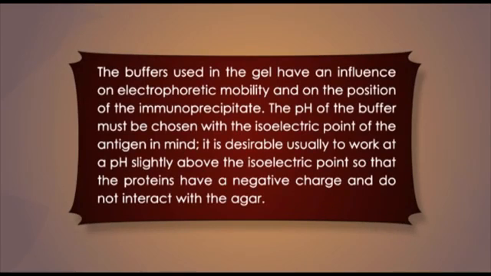The buffer used in the gel has an influence on electrophoretic mobility and on the position of the immunoprecipitate. The pH of the buffer must be chosen with the isoelectric point of the antigen in mind. It is usually desirable to work at a pH slightly above the isoelectric point so that the proteins have a negative charge and do not interact with the agar.